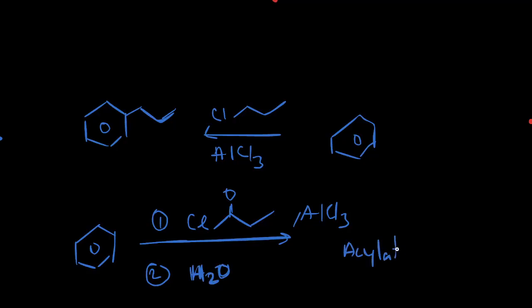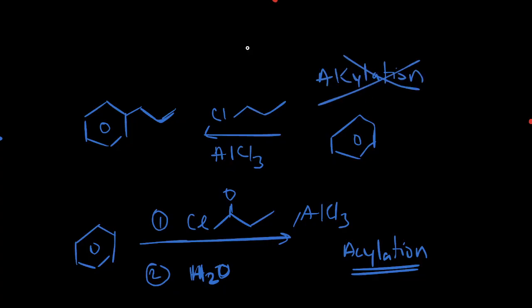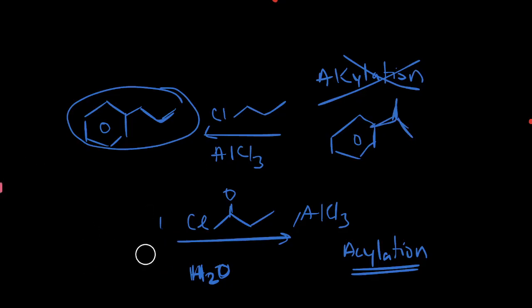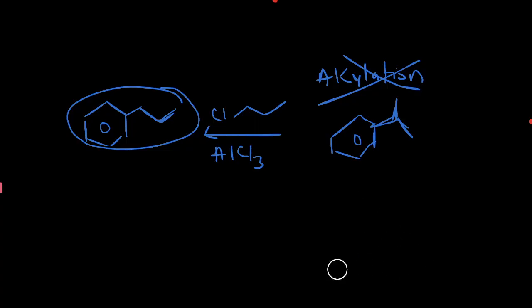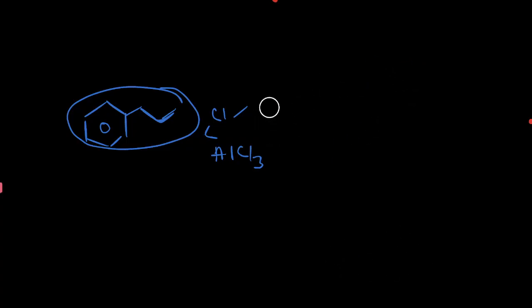So there are certain cases where acylation would need to be used and alkylation cannot be used, right? If we used alkylation to form this product, we would end up getting something like this, which is not what we want. That's because with alkylation, you can undergo rearrangements, whereas with acylation, you do not. And so that's why acylation may be more favorable in some cases than alkylation.